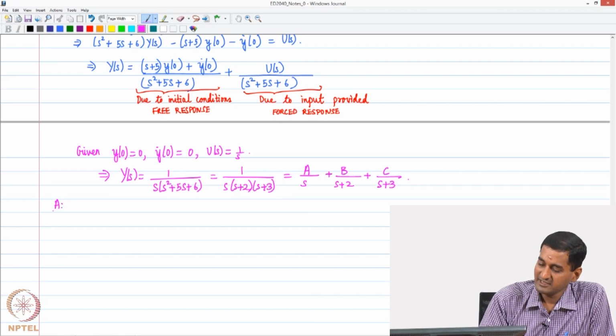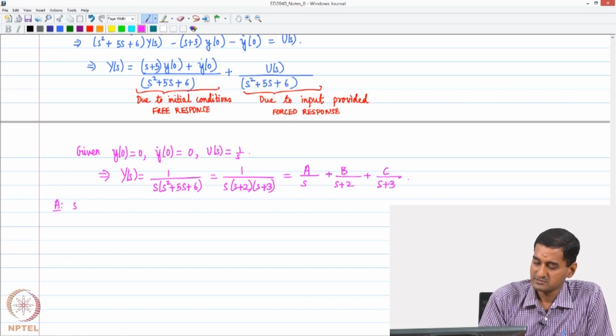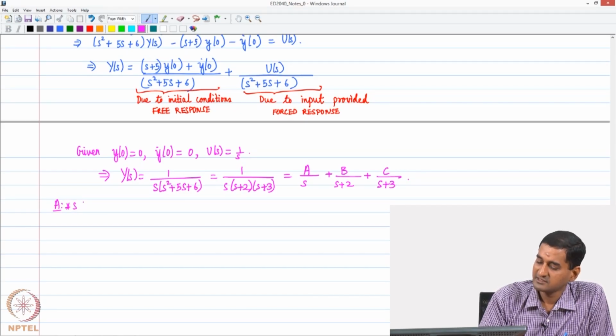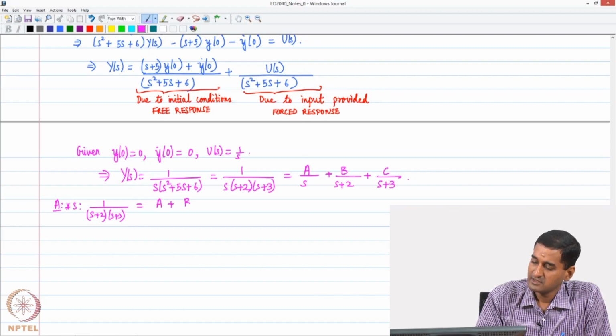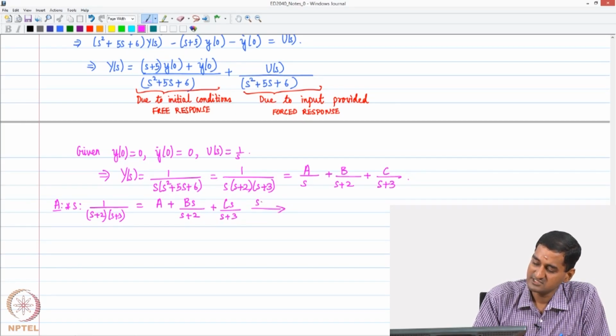If I want to find a, I multiply by the factor involved in the denominator of a, which is s. The left hand side becomes 1 divided by s plus 2 times s plus 3, which is going to be a plus bs divided by s plus 2 plus cs divided by s plus 3, and here I substitute the root of s, which is s equals 0.